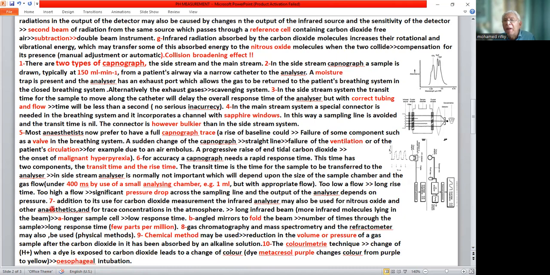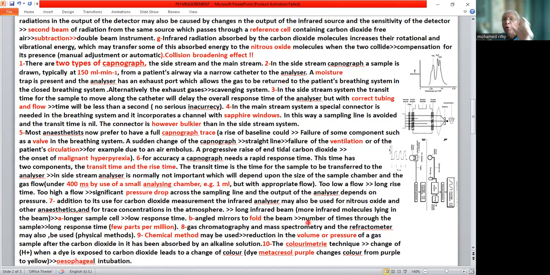Of course, whenever I want to measure trace amounts of anesthetics in the atmosphere, I use a long sample cell. This long sample cell is one of the methods to measure very minimal amounts of gases in the theater, or we use angled mirrors to fold the beam.